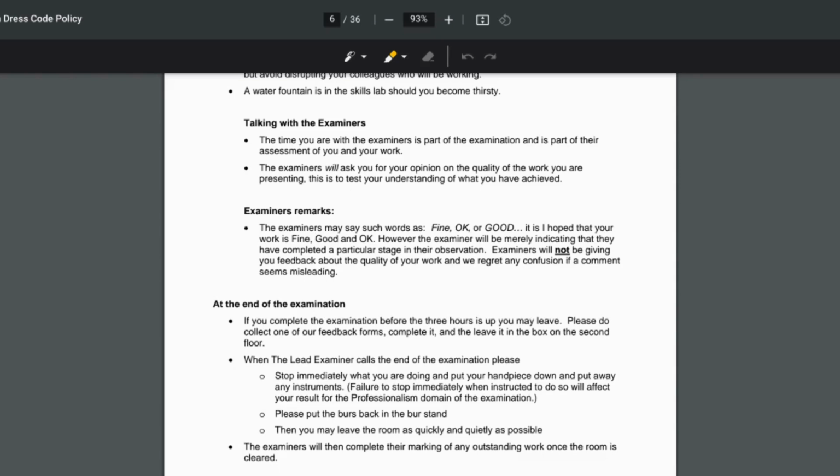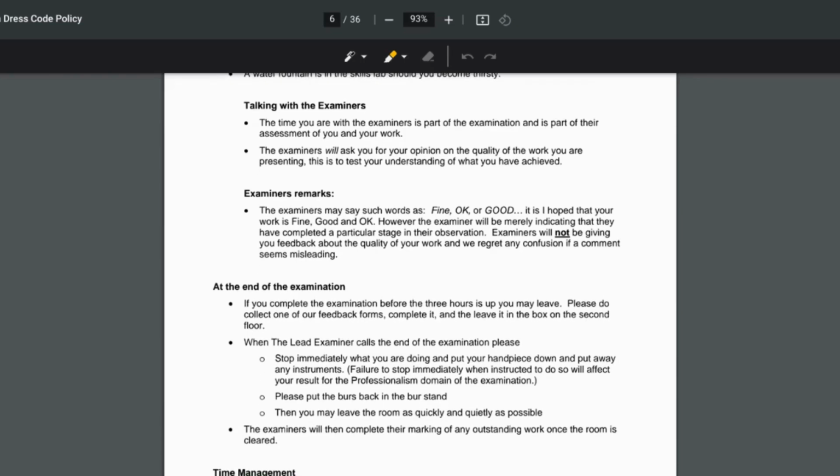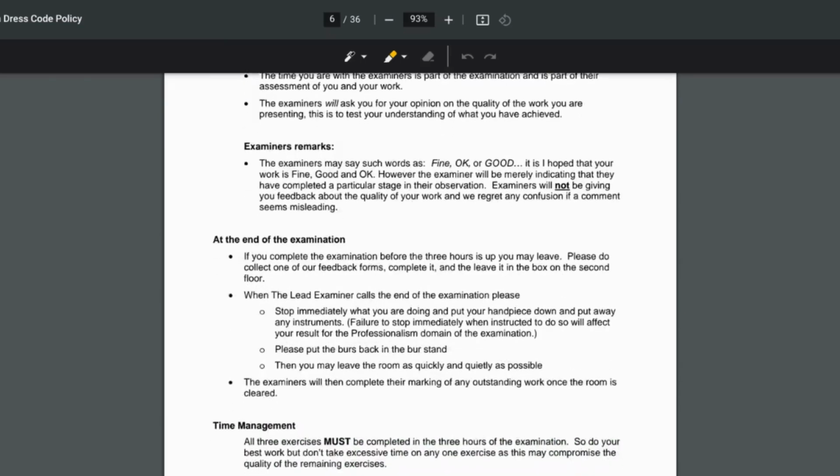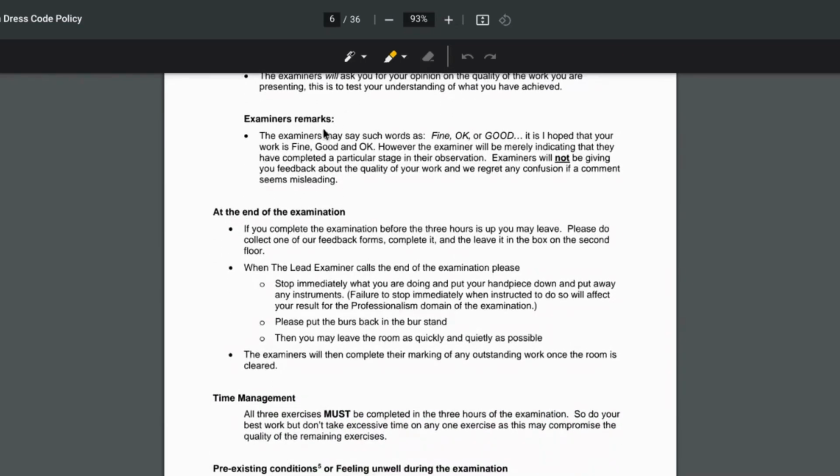Examiners may say words like fine, okay, good. I hope that your work is fine, okay, good. But the examiner will merely be indicating that they have completed a particular stage in their observation. Examiners will not be giving you any feedback, so don't give much attention to what examiners say about your work.